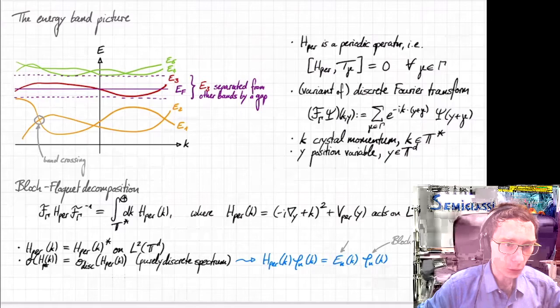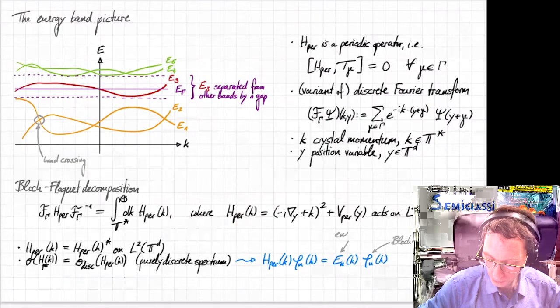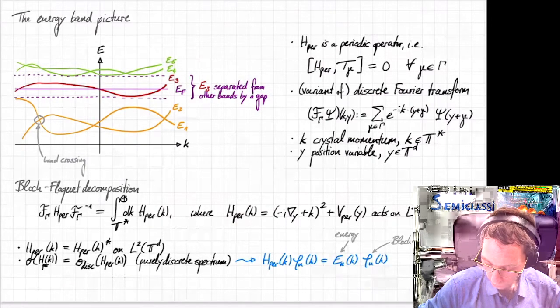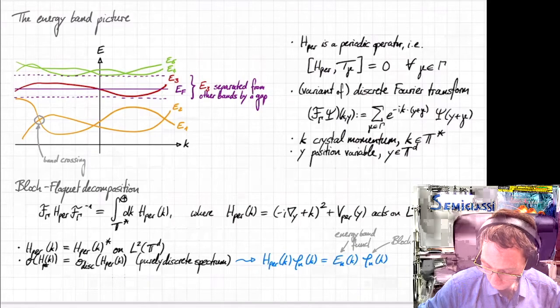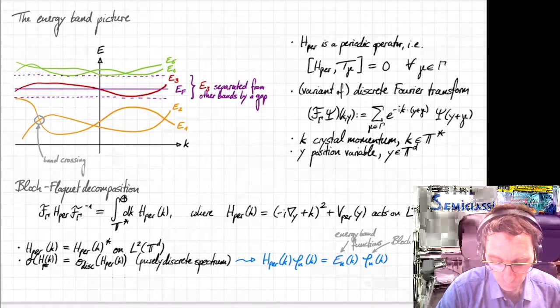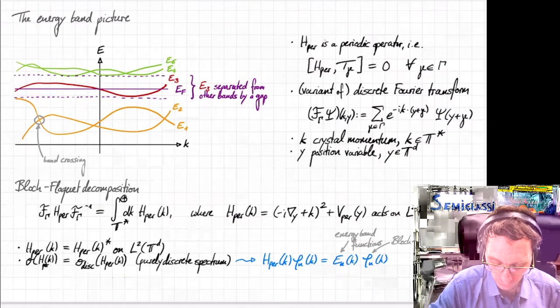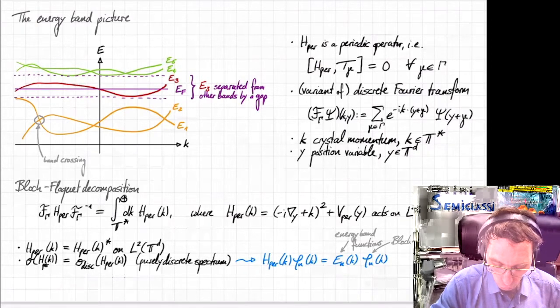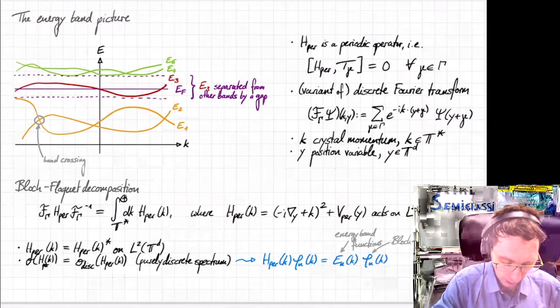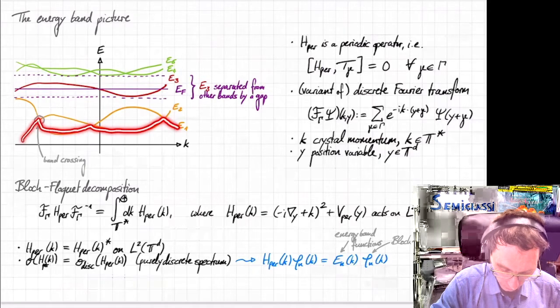And the eigenvalues, En of k, if you vary k, give rise to the energy band functions. So in fact, this is almost enough to understand this picture here. E1, if I order by magnitude, I would have to call this here E1.